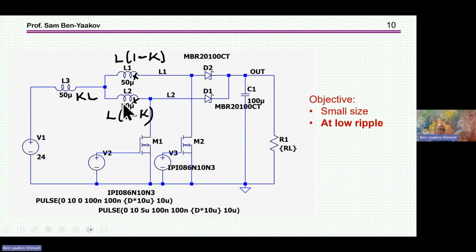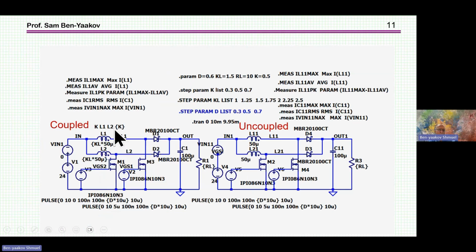And I hope that this presentation will help those who are interested in actually understanding better the design of a coupled inductor. So to better understand what is going on, I have here now, side by side, two cases. This is a boost interleaved, not coupled.